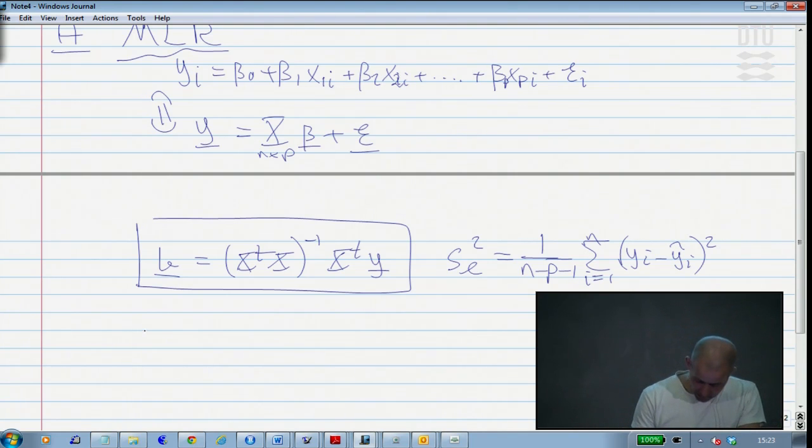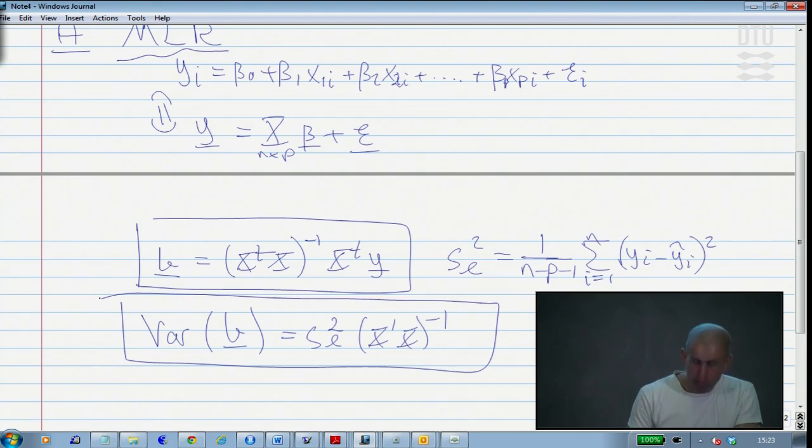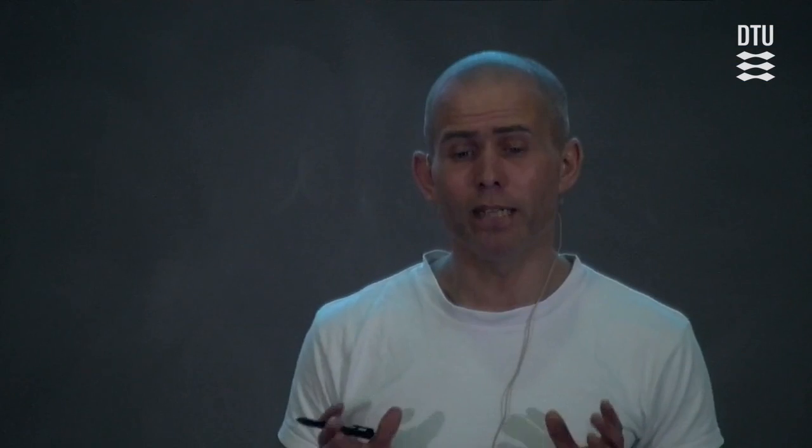And then the uncertainty about these parameters would be given by this one times the inverse of the x prime x matrix. So based on this, we can do hypothesis testing, confidence intervals, prediction, confidence intervals for the plane, whatever can be expressed here, just as in a single x case. So now we can build up models with multiple x's for predicting or modeling y.